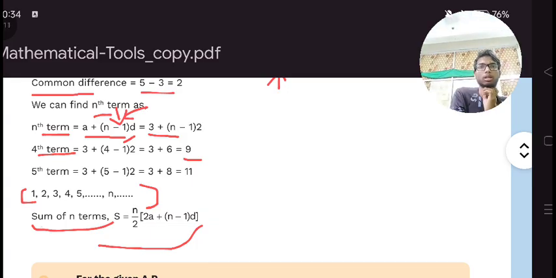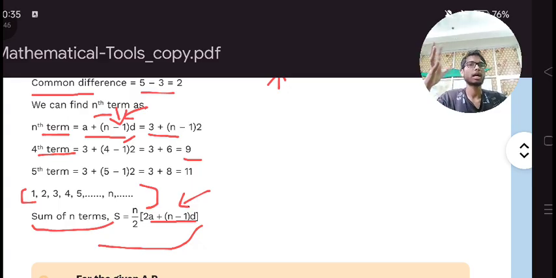So the formula for the sum of n terms is n upon 2 into 2a plus n minus 1 D. 2 will cut, but we will not cut this. We will use this formula.